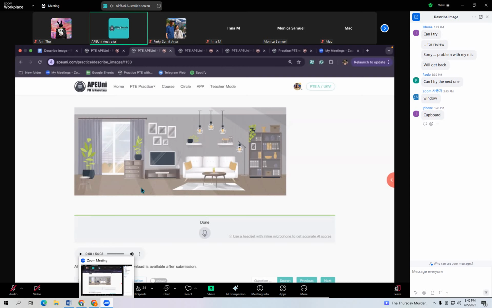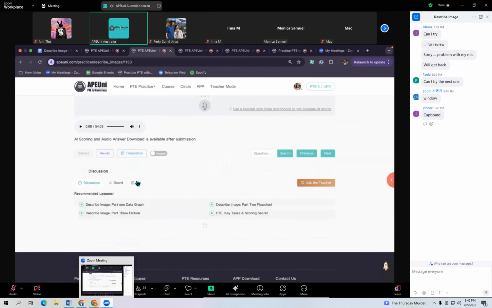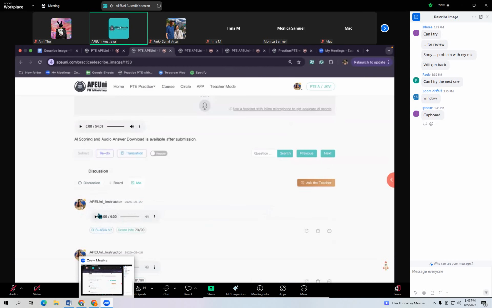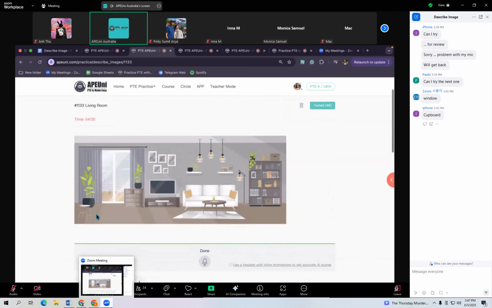Perfect. So, guys, listen to this, please. The image shows the importance of a living room, and it also provides information about sofa, coffee table, TV unit, plants, window, lamp, and bookshelf. The image shows that on the left there is a plant, on the right there is a bookshelf.